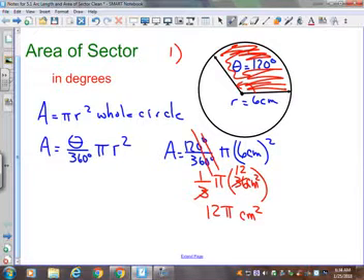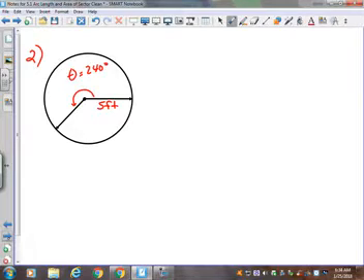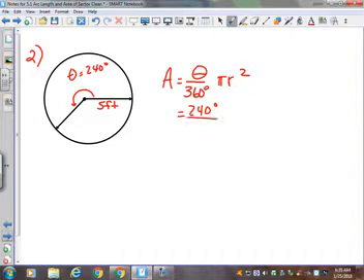All right, let's look at another example. So in this example, we're doing a much bigger section. We're doing a 240 degree angle. So let me rewrite the formula over here so we have it to look at. So if I put in 240 degrees over 360 degrees, then times pi, then times our radius, which is 5 feet, and we're going to square that.